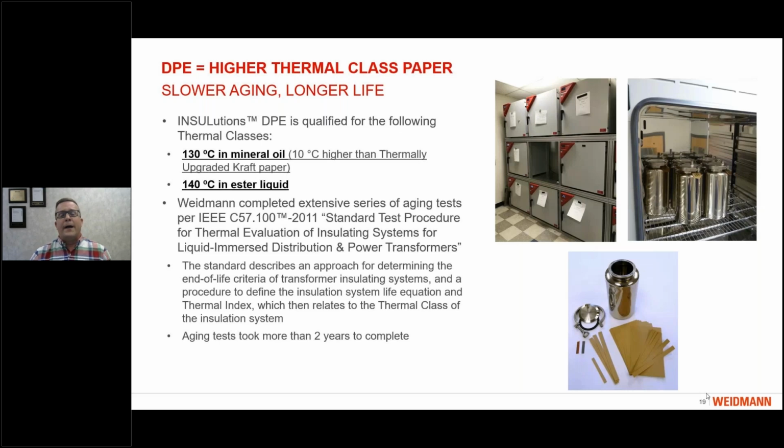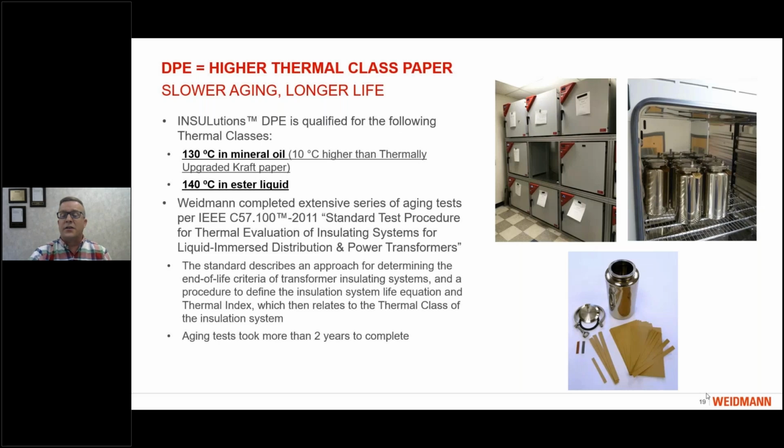When you do an aging test comparing the conventional system of mineral oil and thermally upgraded kraft versus a new system, we did that according to the IEEE standard C57.100, and we found that DPE in mineral oil has a thermal class of 130, which is 10 degrees C higher than TUK in mineral oil, and in esters it has a thermal class of 140.